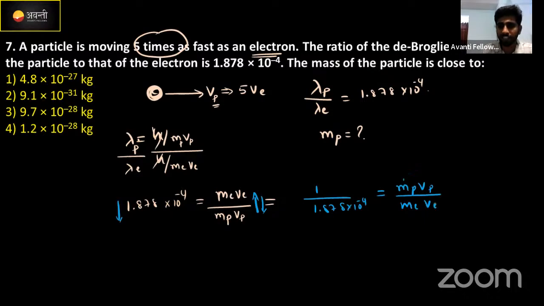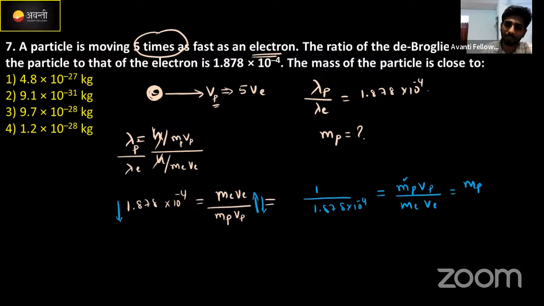Mass of proton चाहिए, we know that value, right? Velocity of proton कैसे लिखता है, mass of proton in this region. Okay, velocity of proton is 5 times the velocity of electron, correct ना.